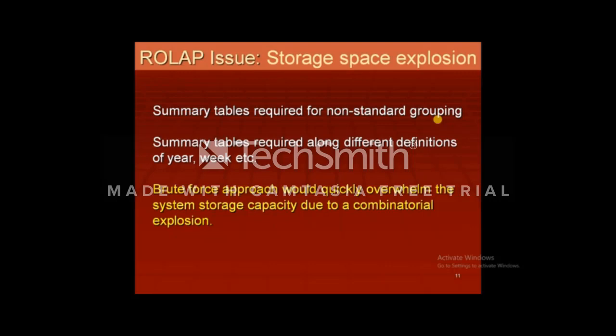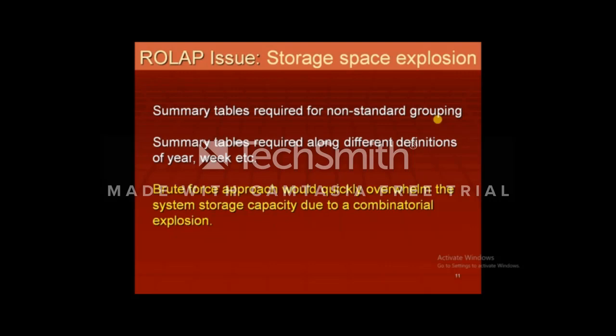So in that case the number of summary tables also increases. Apart from all the pre-decided aggregate tables or summary tables, the data warehouse developer will need to build more summary tables to gather the more specific data required by the CEO. Similarly, summary tables are required along different definitions of year, week, and so on.